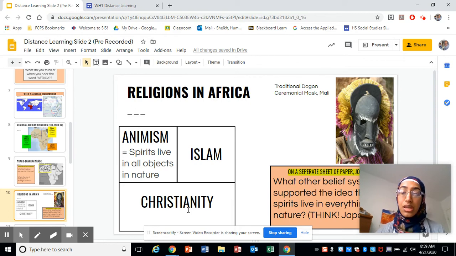In African culture, there's an emphasis on the ancestor, the founding ancestor. It's believed that this founding ancestor can help you communicate with the gods. Looking at this mask up here, this is a ceremonial mask that was used in a dance ritual to communicate with the spirits in everything in nature.